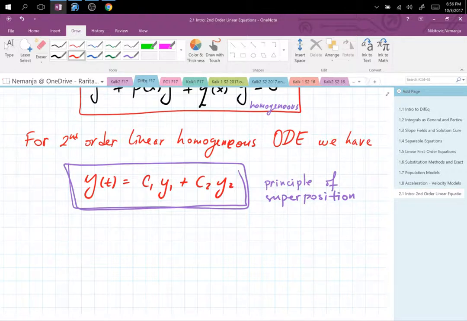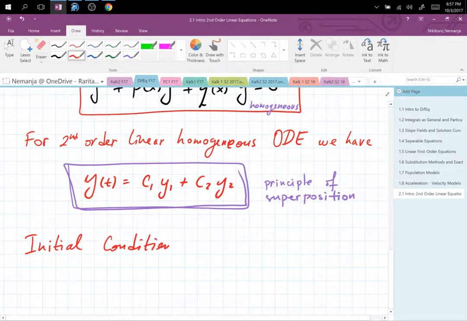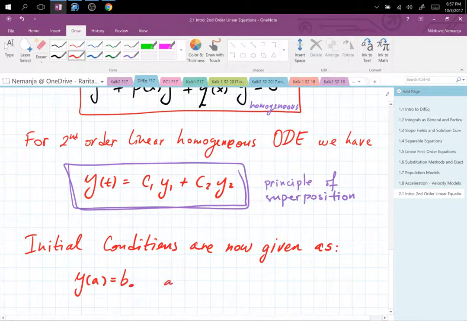So initial conditions are now given as y of a is equal to b0 and y prime of a is equal to b1.